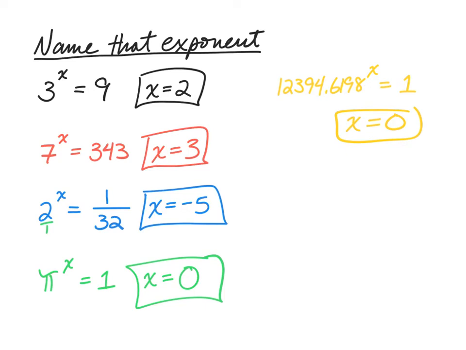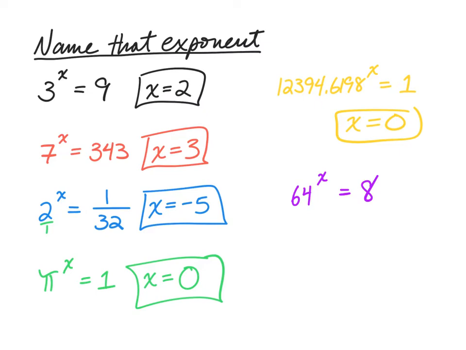I've got one more, and I'm going to call this my challenge problem for this slide. Let's see if you guys can figure out this. 64 to the x power equals 8. Ooh, yeah, I'm going to get even the smartest of you out there for this one. Alright, let's think about this.